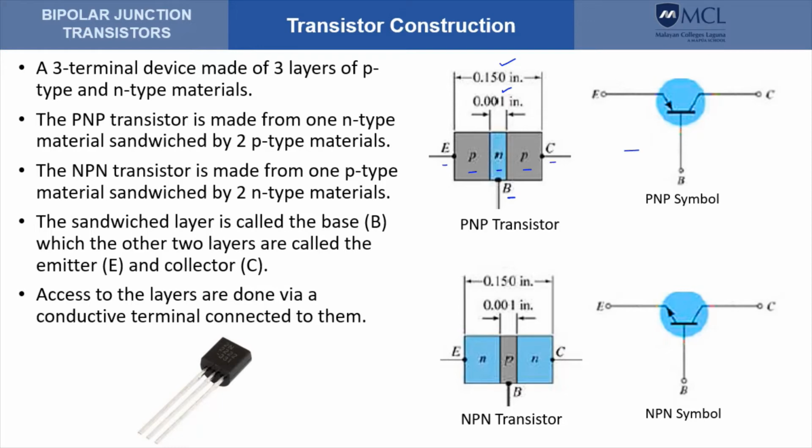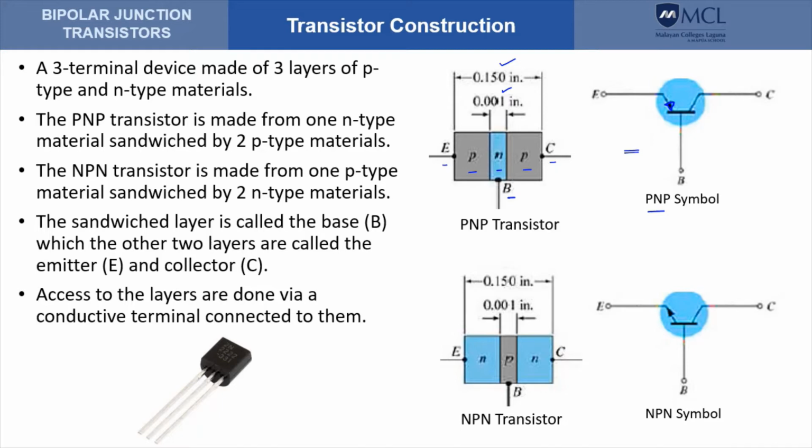This is the symbol of the PNP transistor. The emitter and the collector are distinguished from each other by the fact that the emitter contains an arrow that is pointed inwards if we're talking about PNP transistors.